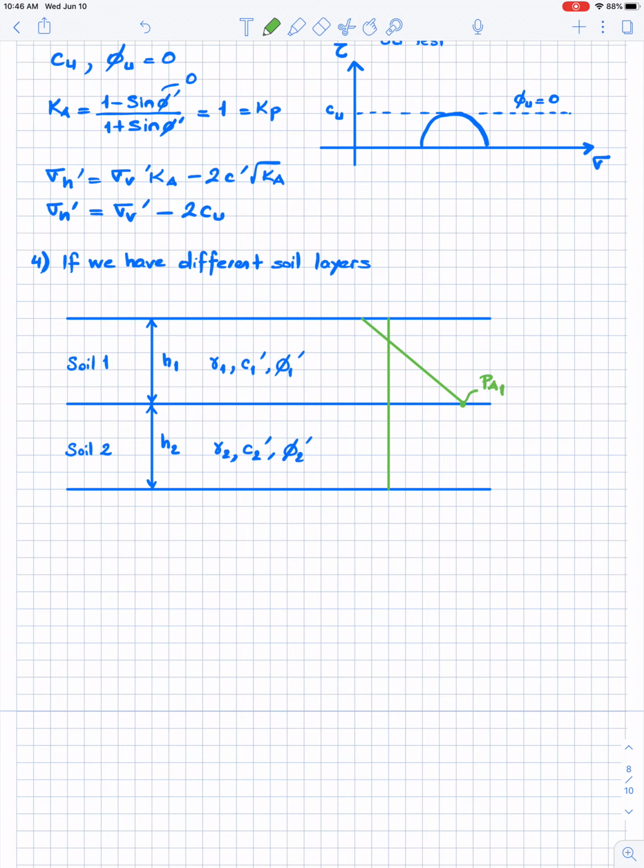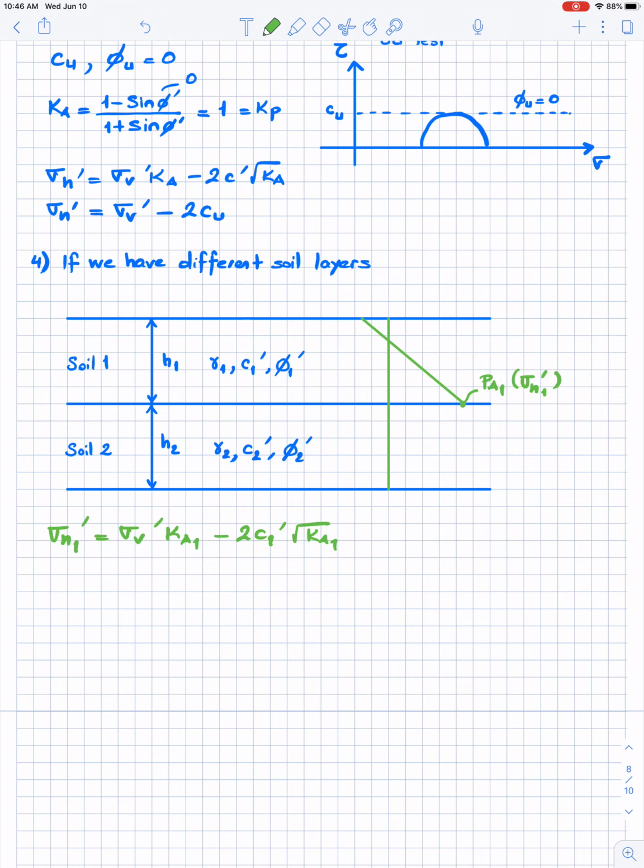For PA1, or let's say sigma H prime 1, sigma H prime 1 is equal to sigma V prime times KA1 minus 2 times C1 prime square root of KA1.